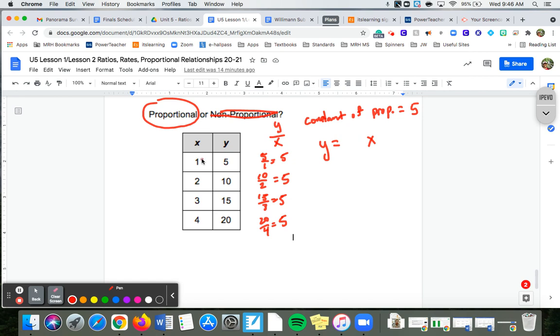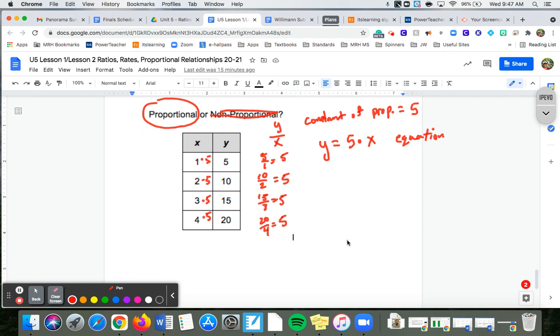Like I just discussed, we are multiplying each of these by 5. So 5 multiplied by x would be our equation, or our rule. That's the equation we could write for this. And again, notice 5 is there and there.